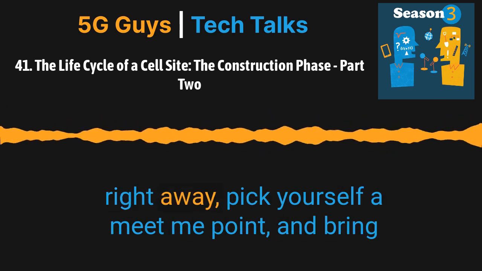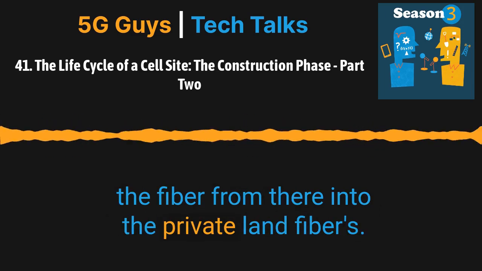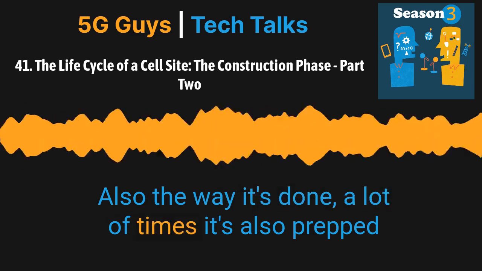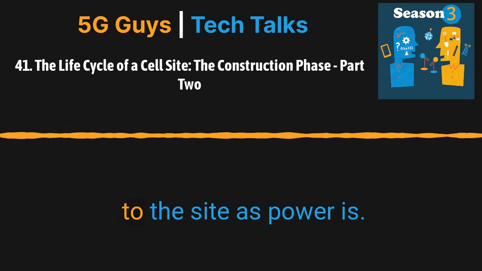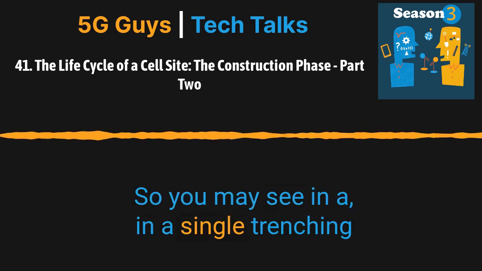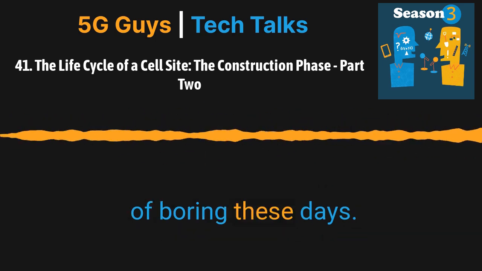Then you can go there right away, pick yourself a meet me point and bring the fiber from there into the private land. A lot of times it's also brought to the site as power is. And so you may see it in a single trenching ditch, or they may use a hydro bore. They do a lot of boring these days.